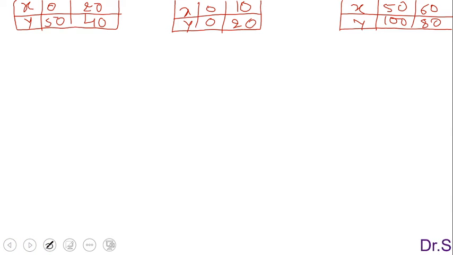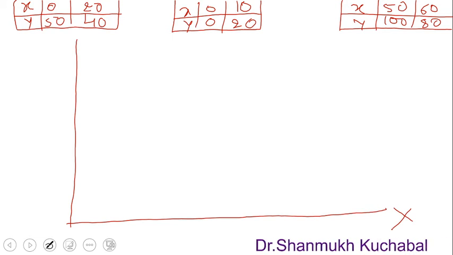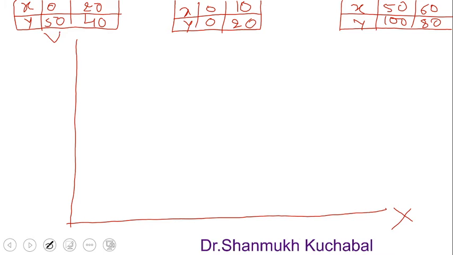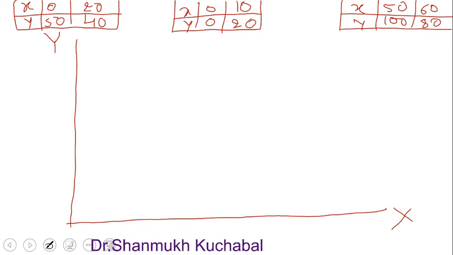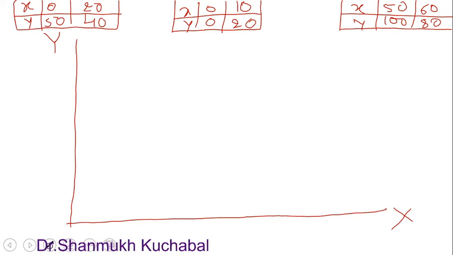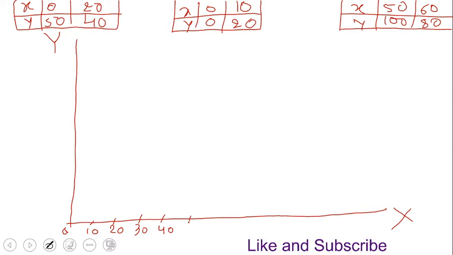So we have to draw it in the first quadrant. This is the x axis, this is the y axis. On the x axis I take this as the origin 0, 0. O represents 0, 0. Next 10, 20, 30, 40, 50 values.